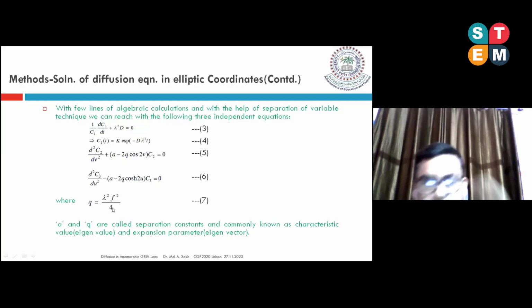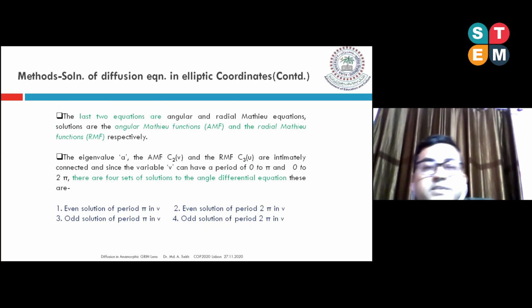And these two parameters are called the separation constant and the characteristic value, or eigenvalue. Now, in this part we have tried to solve these equations, but in the literature we don't find many equations which are actually useful in diffusion in this elliptical coordinate system.